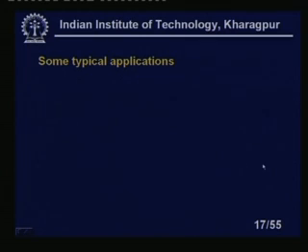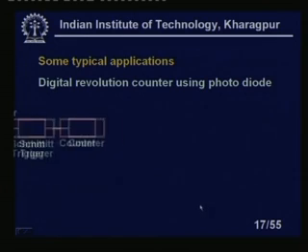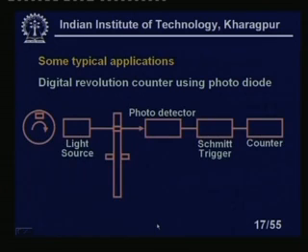Some typical applications of these photodiodes, let us look at them. Now, this is a scheme we have shown: a digital revolution counter using a photodiode. How can we make a digital revolution counter using the photodiode? You see here, I have a light source, a light emitting diode, coming here, and this is a disk.